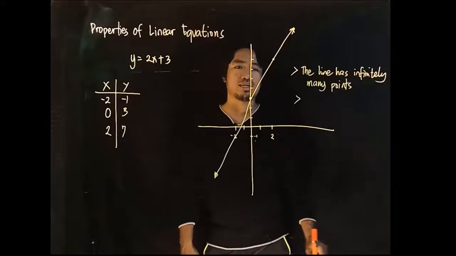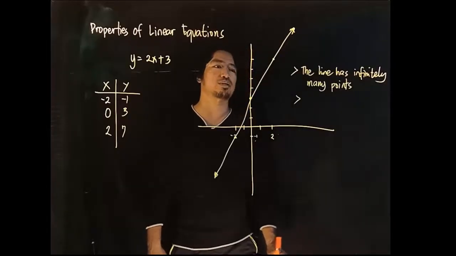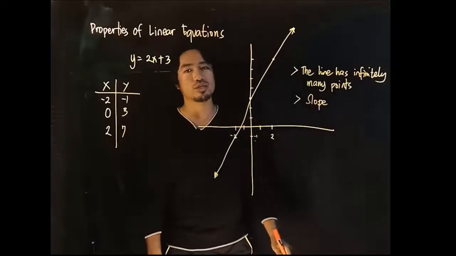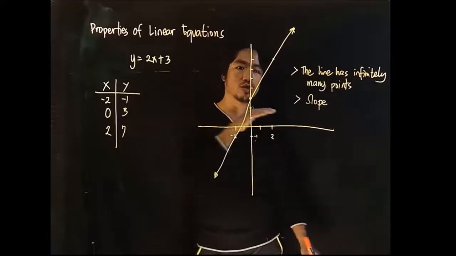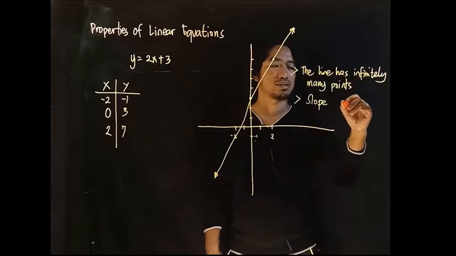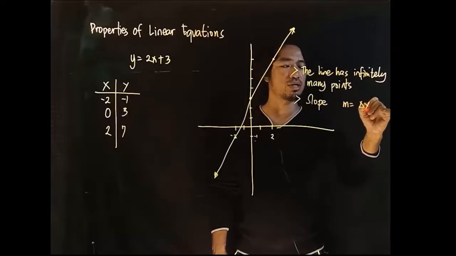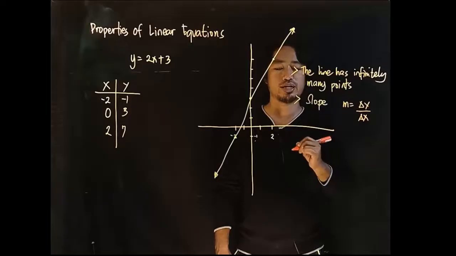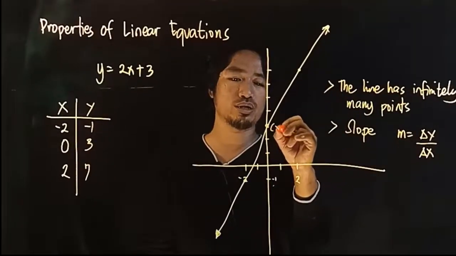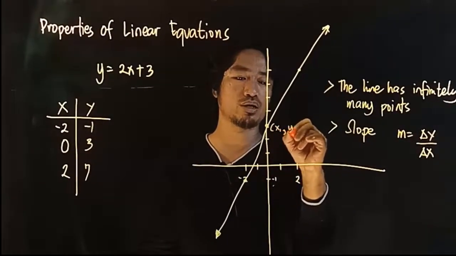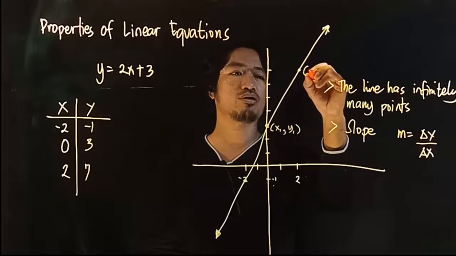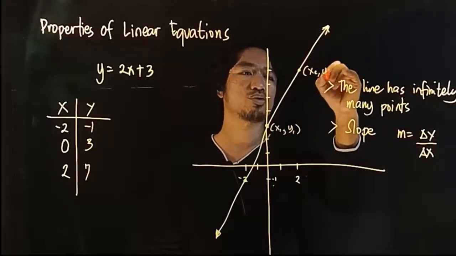Also, a line has a property called slope. The slope refers to the steepness of the line with respect to the horizontal axis. Mathematically, you can define slope as m equal to change in y over change in x. For instance, we consider 2 points in the line. This is point 1, which has a coordinate of x1, y1, and point 2, which has a coordinate of x2, y2.